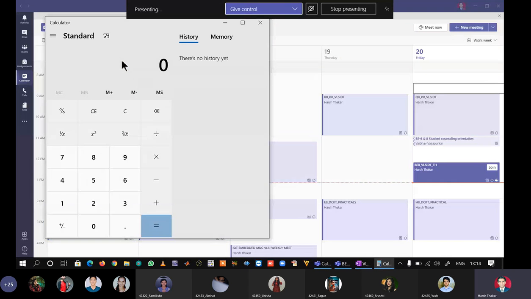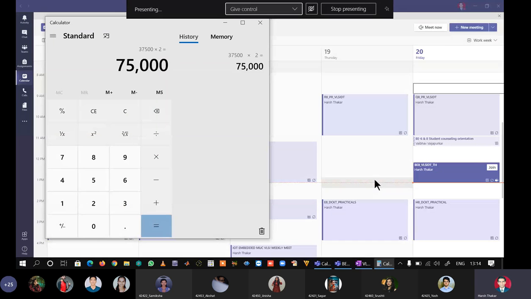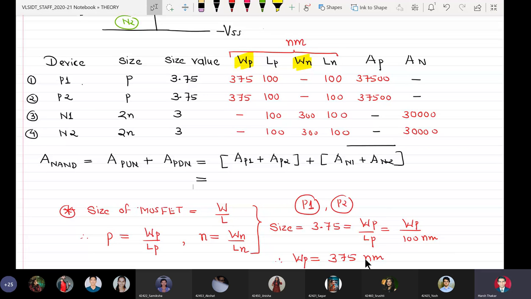So we have 37500 into 2. It is 75,000 nanometer square plus 60,000 nanometer square. Total area comes out to be how much?